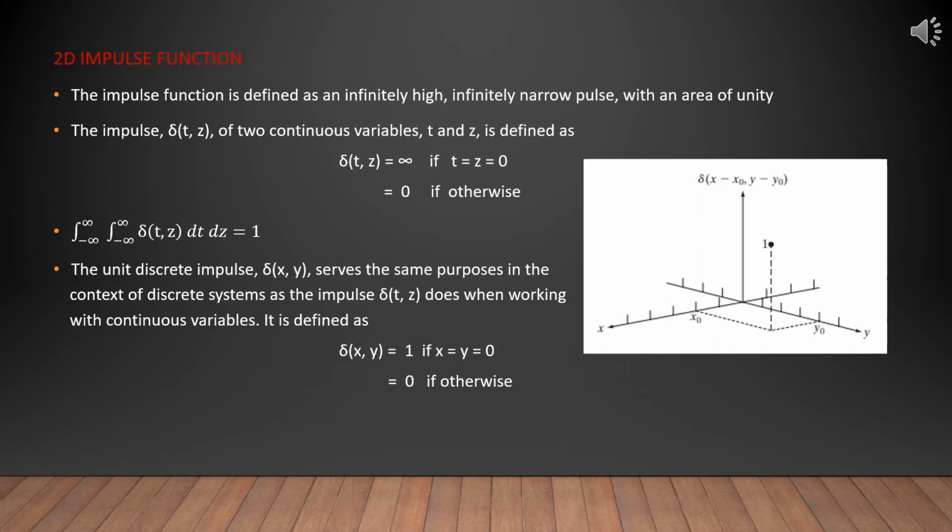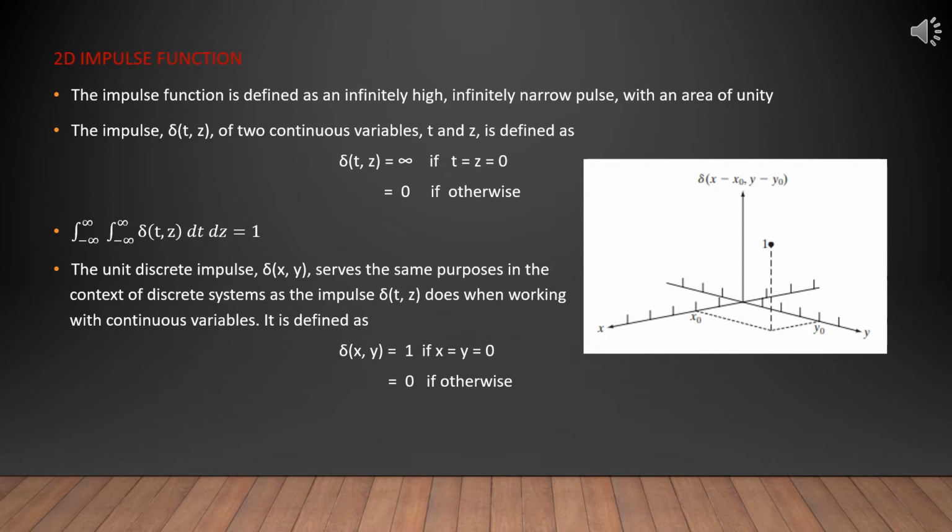It is defined as del of t comma z equal to infinity if t equal to z equal to 0, and 0 otherwise. The double integral as t and z go from minus infinity to infinity of del of t comma z dt dz will be unity.